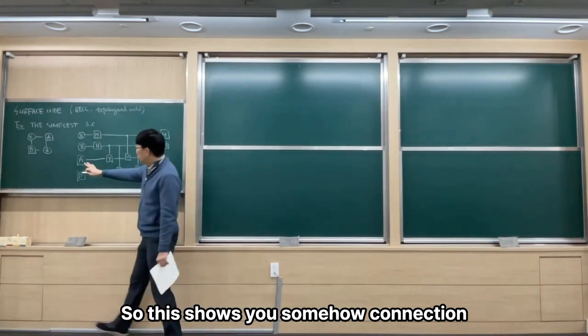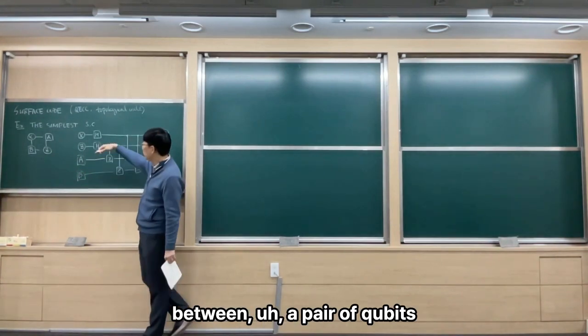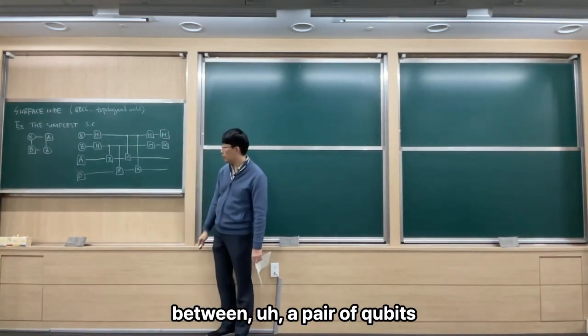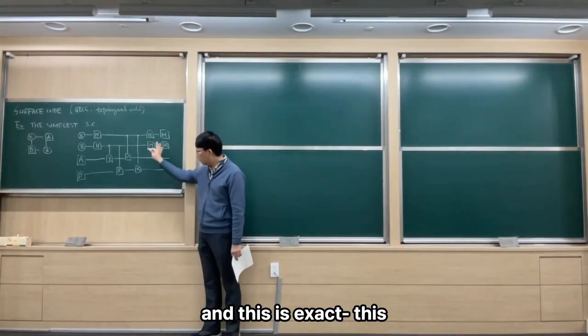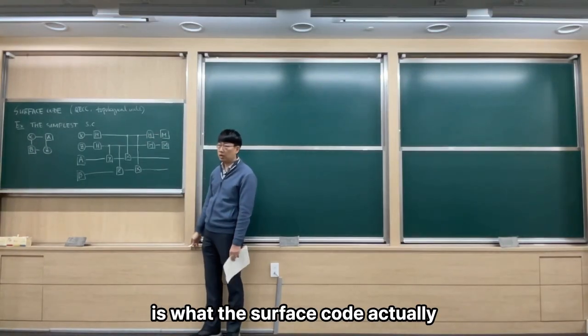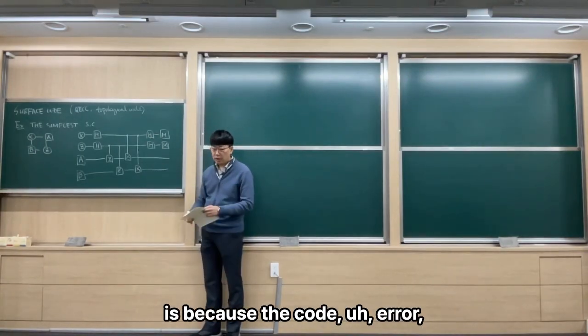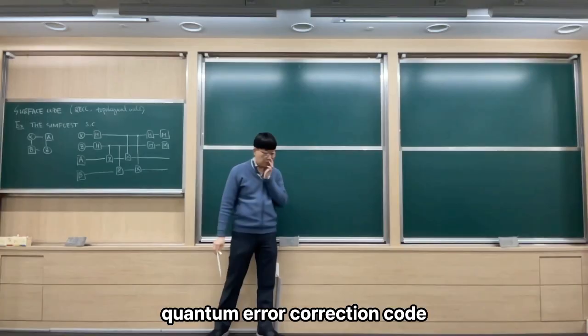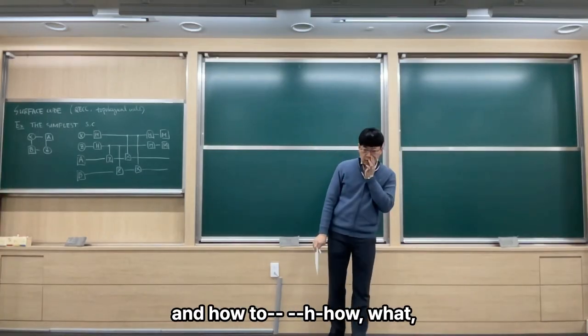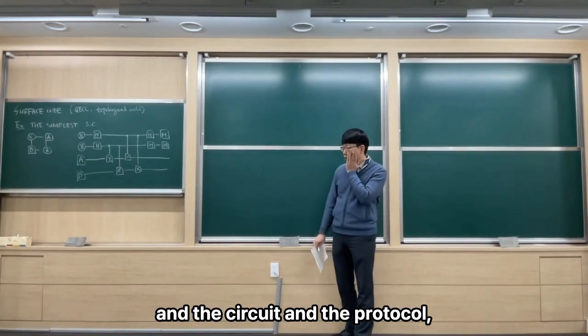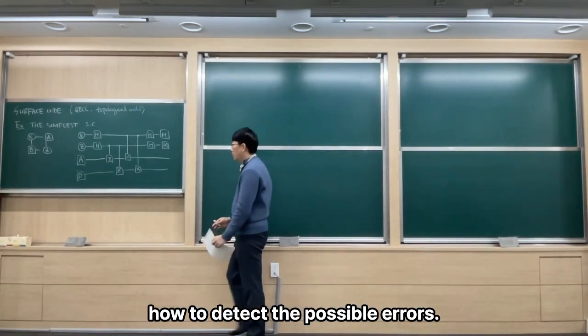So this shows you somehow the connection between a pair of qubits, and this is what the surface code actually is, because the quantum error correction code is about the circuit and the protocol, how to detect the possible errors.